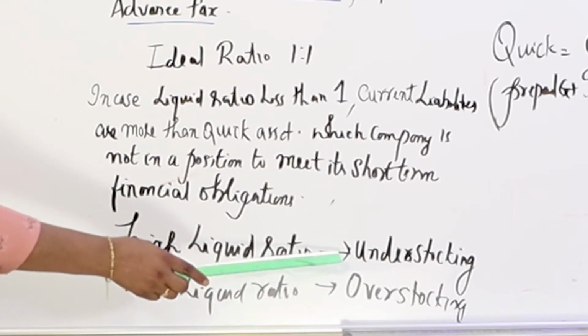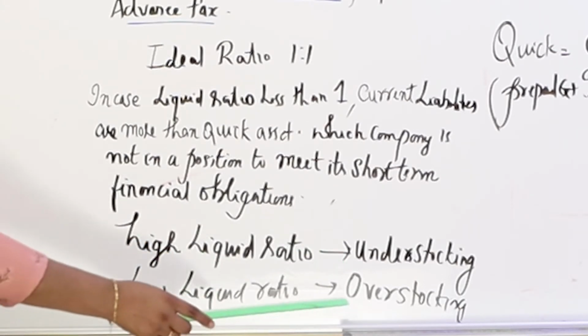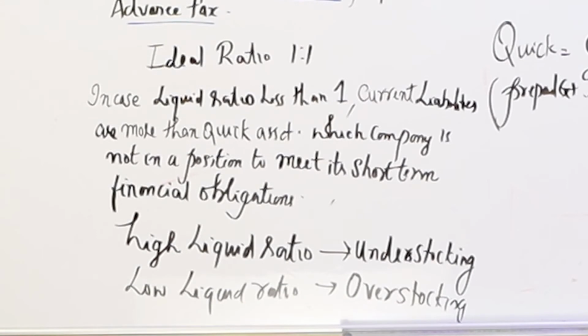High liquid ratio means understocking and low liquid ratio means overstocking. So the ideal ratio is 1:1.